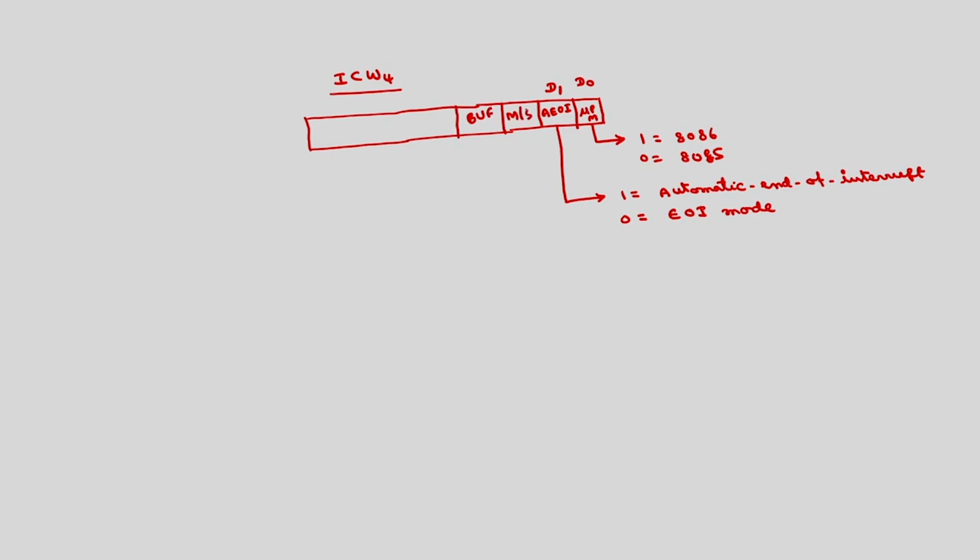M by S bar is master slash slave bar, and BUF stands for buffer. So, these 2 bits will decide the operation. There are 4 combinations here using 2 bits.